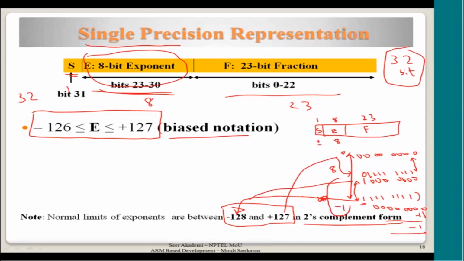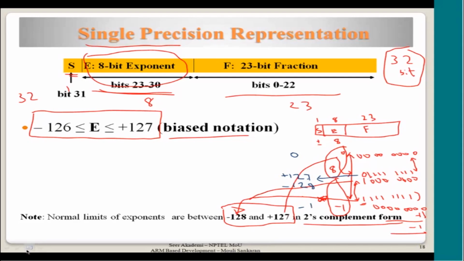So this is the range. Okay, let me write it in a different color, just for that purpose. 0, this is plus 127, in this representation, and then this is minus 128 and this is minus 1.